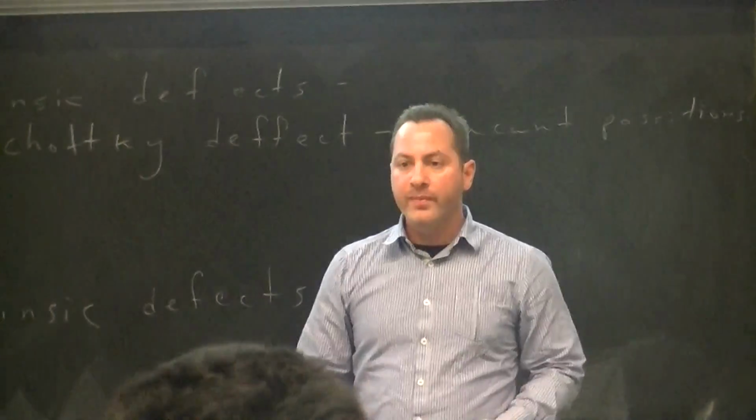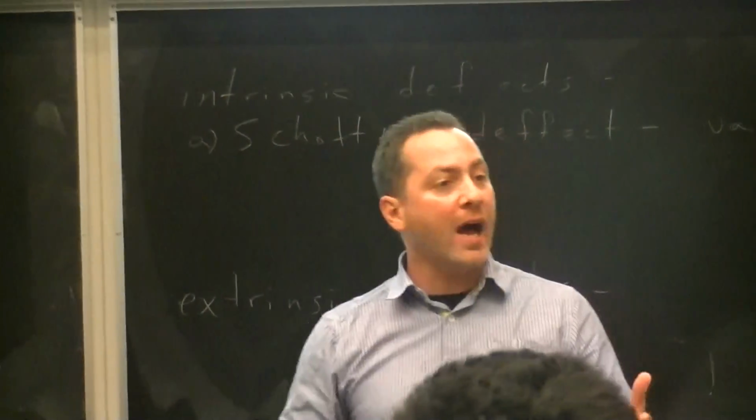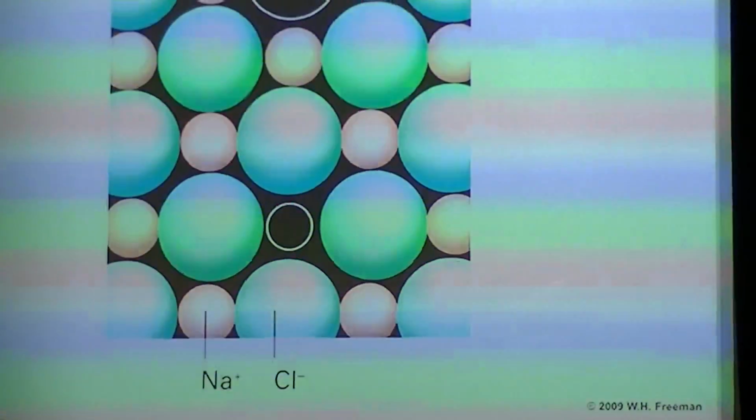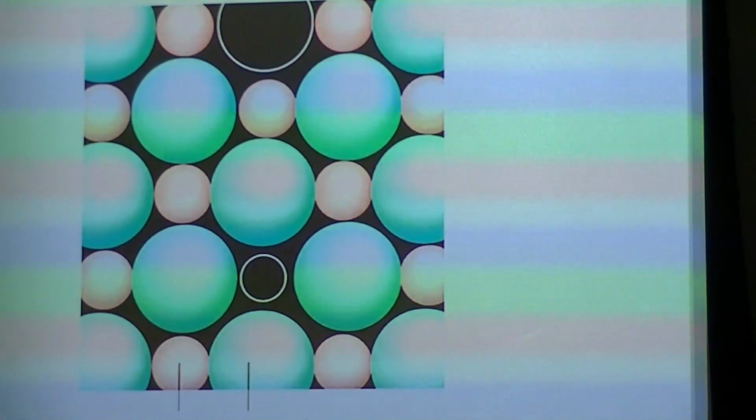And of course, if you lose a sodium atom, you necessarily have to lose a chloride atom as well, because the material has to maintain electron neutrality. The stoichiometry of the system is going to remain the same, but now you're going to have holes in the structure. This is one of the defects.